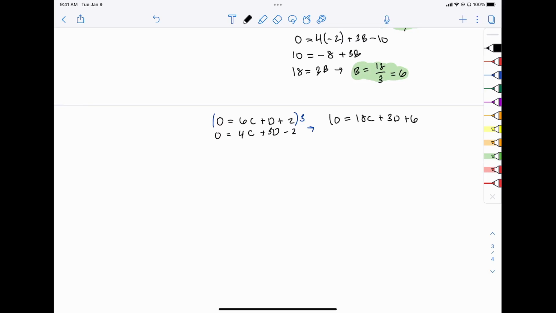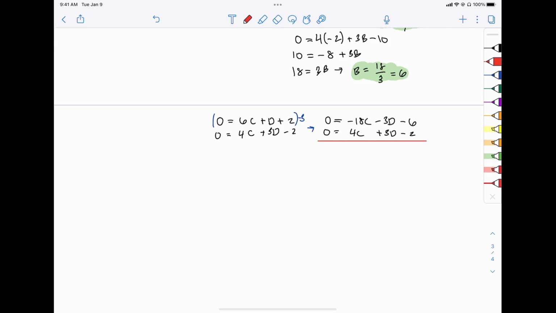Actually, just to make it simple, I'm going to multiply this one by negative 3. So I would get that 0 equals negative 18c minus 3d minus 6. And the second one is going to stay the same, which is 0 equals 4c plus 3d minus 2.